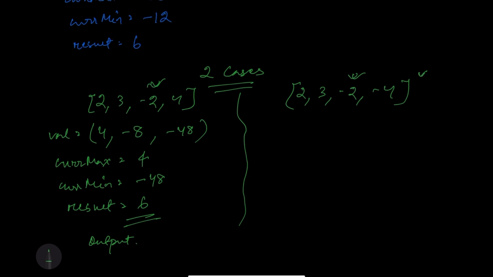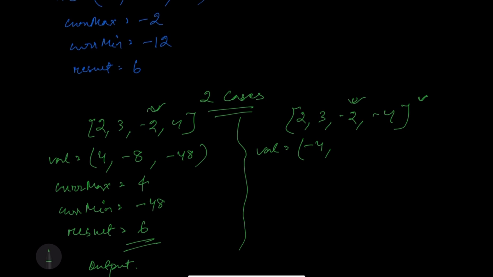Now this is an example which we are doing by ourselves to see what would be the maximum product subarray. So in this, our tuple would look something like -4. Now our current max was -2, so it would be -4 into -2, that would be +8.